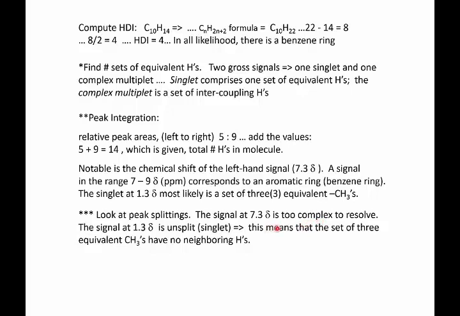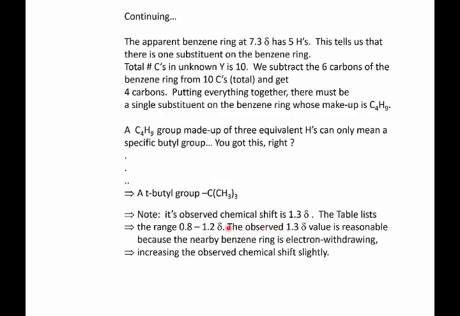Ours is 1.3. That's a pretty good match. The observed 1.3 delta is certainly reasonable. It's going to be a little bit outside this range, a little bit to the left, because that nearby benzene ring is electron withdrawing, and that electron withdrawal is going to lower the electron density and cause the observed chemical shift to increase slightly.